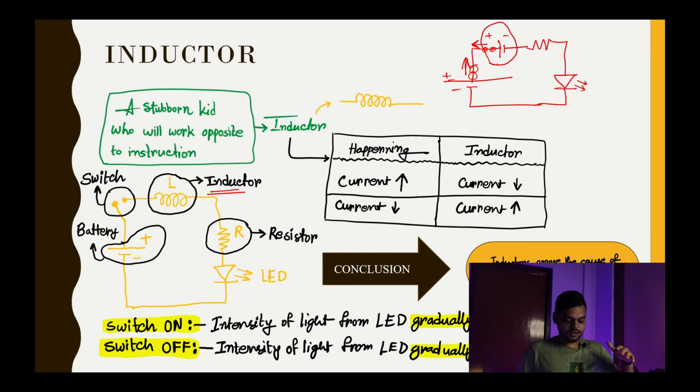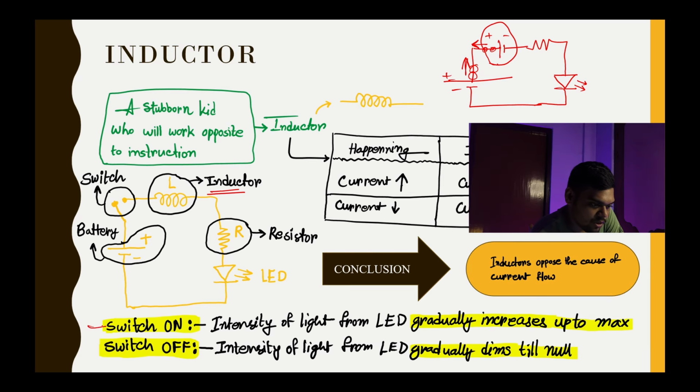Let's suppose the expected current was 10 ampere, but due to the induced EMF, the current value will decrease, let's say by 2 ampere. So the net current flow will become 8 ampere. You get it? How fascinating.